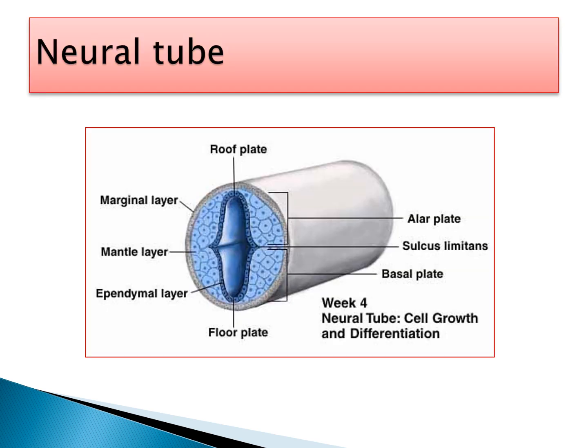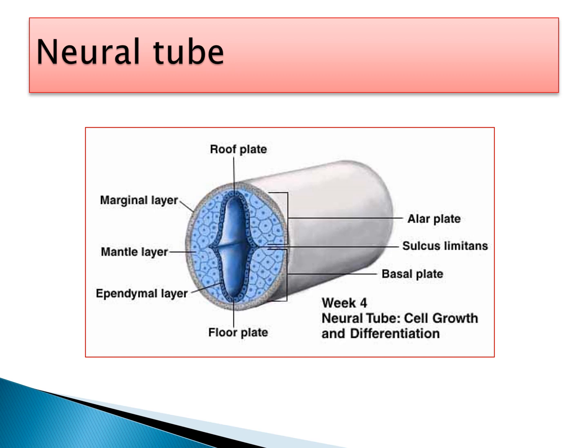Before we start with the structure of the brainstem, you should first know the basic plan of the neural tube. What are the layers and what are the plates in this neural tube. Then you can understand how the nuclei and the tracts are present in this brainstem. To refresh our knowledge of the neural tube, I will again explain: it contains the outer marginal layer, middle mantle layer and the inner ependymal layer.